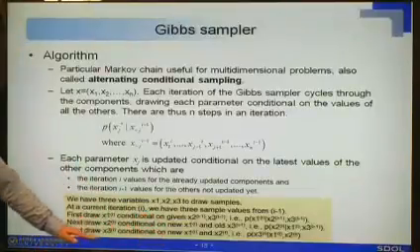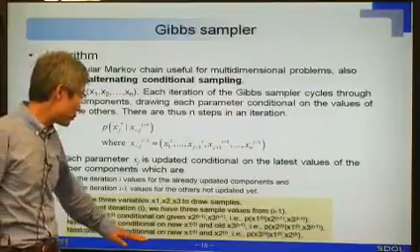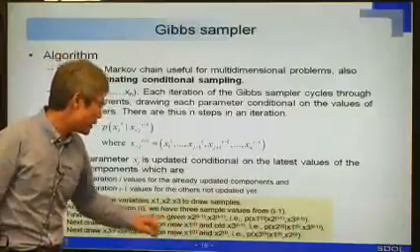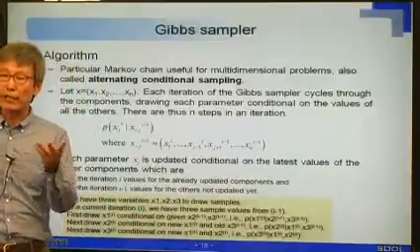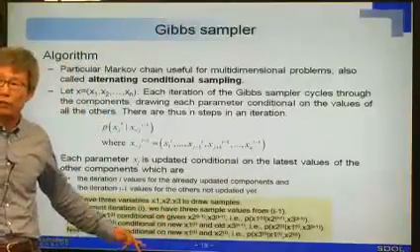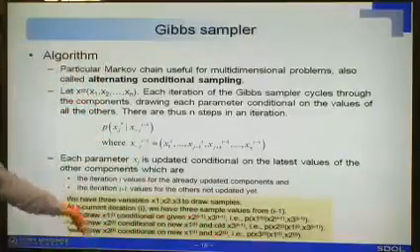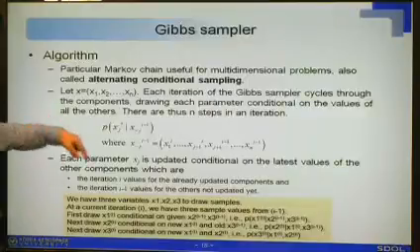Third, x3. We'd like to make x3 based on the others. In this case, we already made new samples x1 and x2 at the current iteration. We use those 2 as a given value. This is the idea. And this is the generalized statement for that.